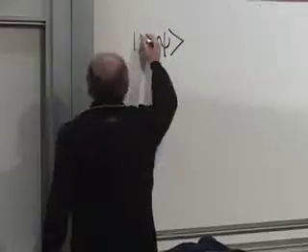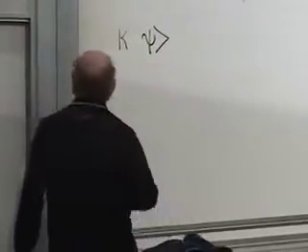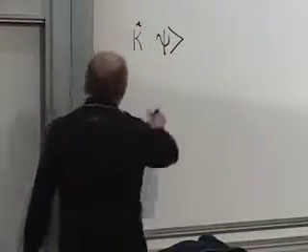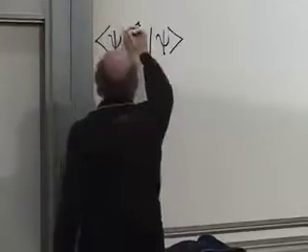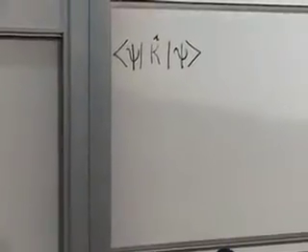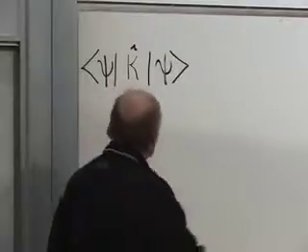Let's call the observable again just k. Sometimes I remember to put the little hat on top of it, sometimes I don't. The average of it is just to sandwich k between the ket version of the state and the bra version of the state. That's the average.